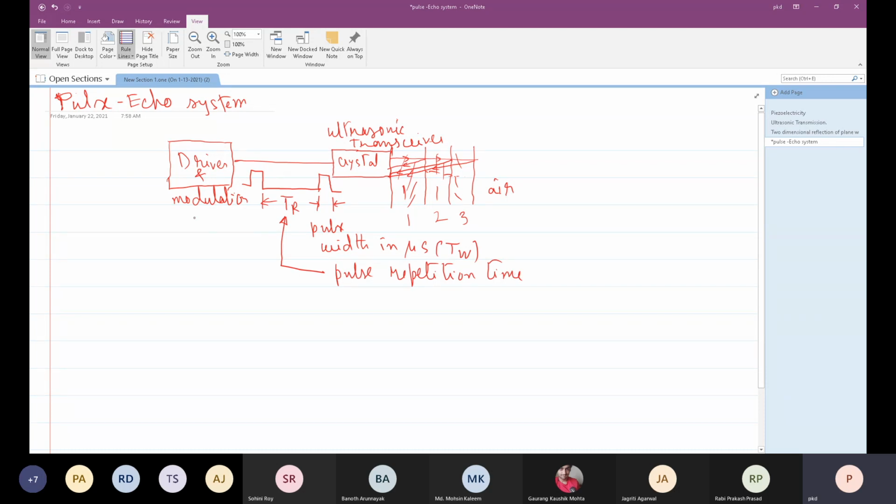So generally, after launching a pulse, a counter is started.